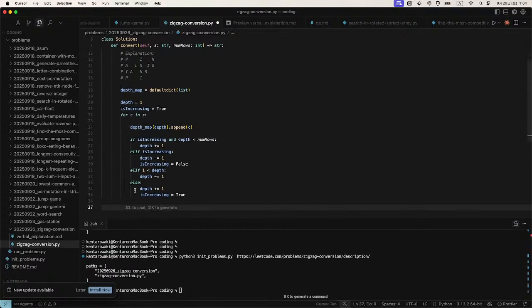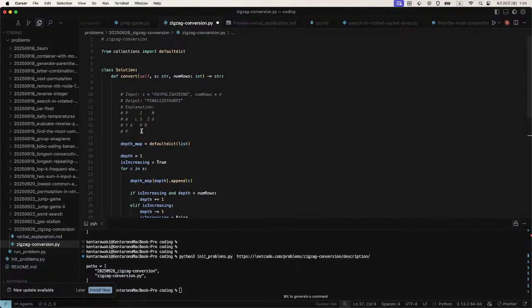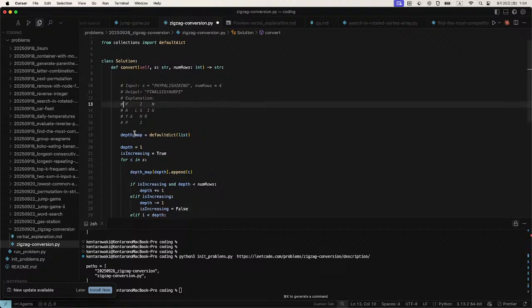And finally we make the result final strings.